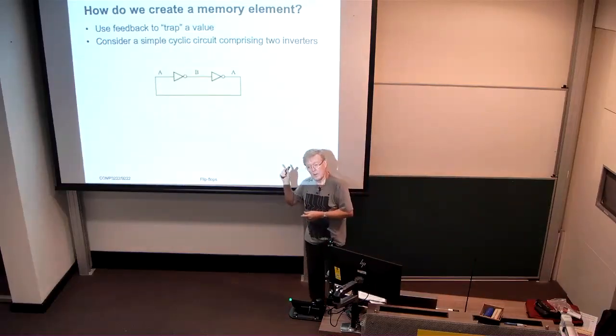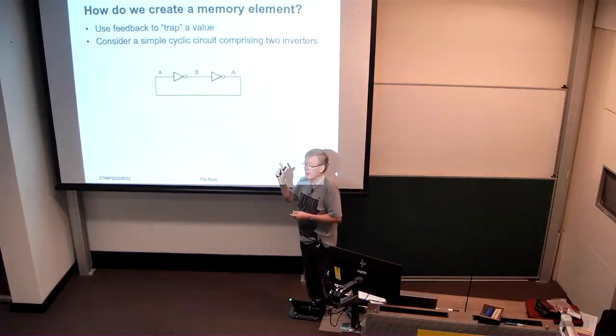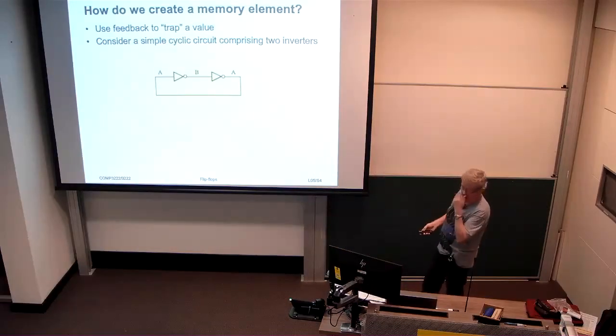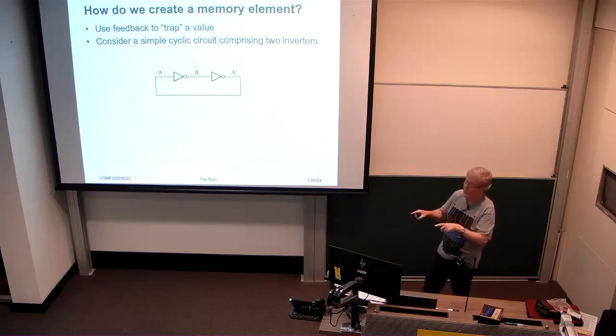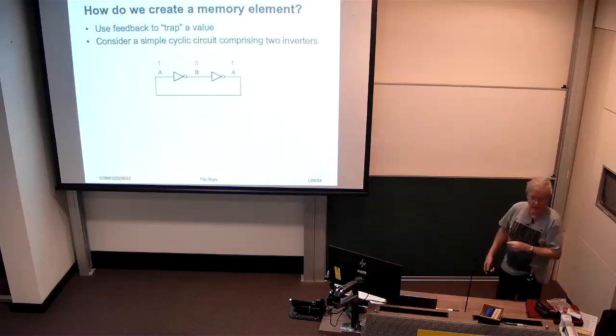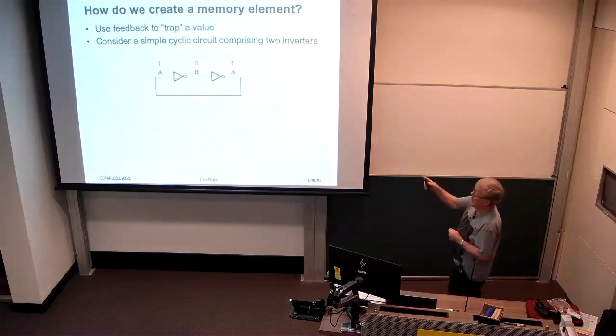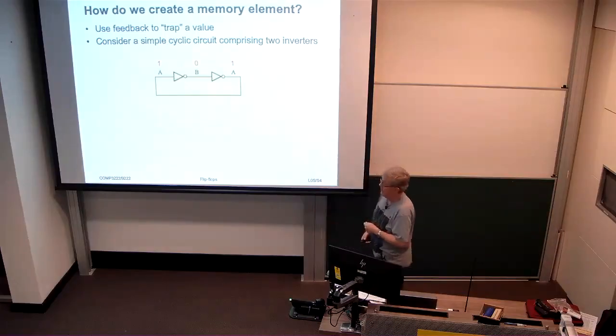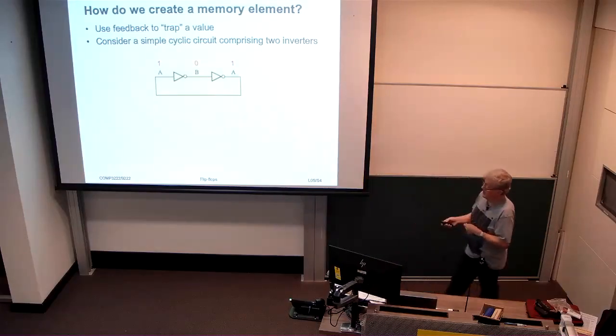Well, one way to do it, and I think we've come close to seeing it before, is to have two inverters connected together in a cycle or in a circuit like this. Now this circuit has two stable states, one where the wire labelled A is 1, and therefore the wire labelled B is 0.